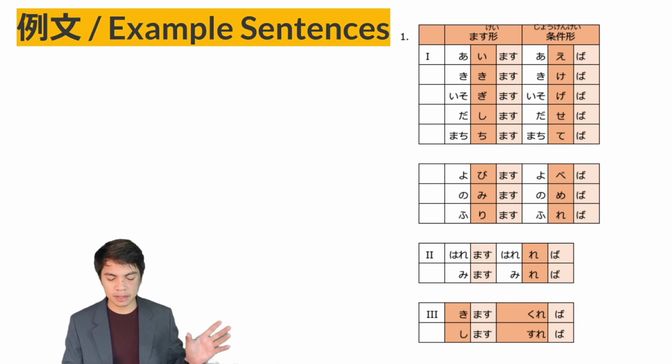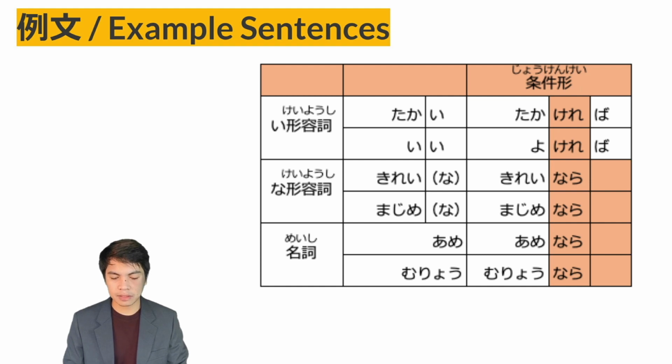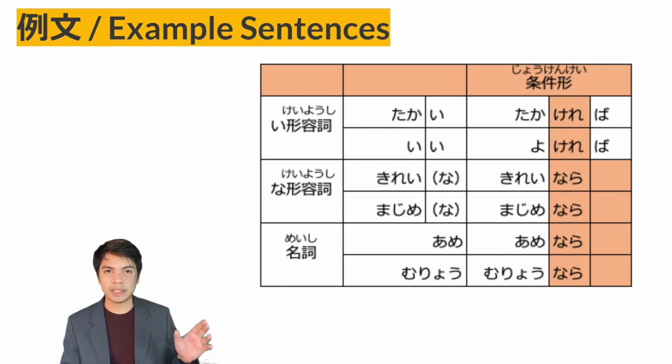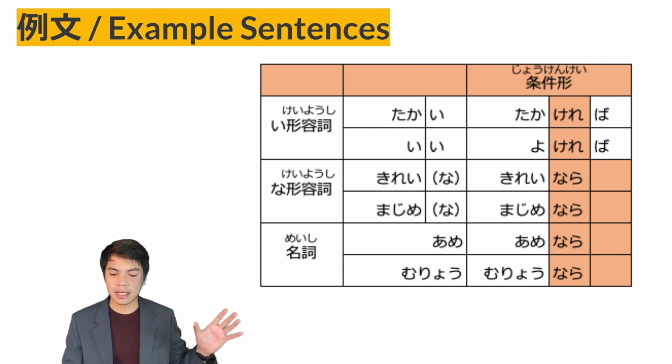And shimasu will become sureba. For the I adjectives, or the i-keiyoshi, you will remove the i. So for example, the I adjective takai. Remove the i and replace it with kereba.